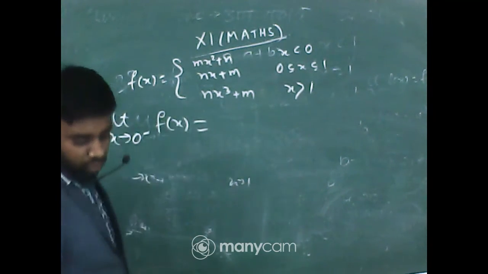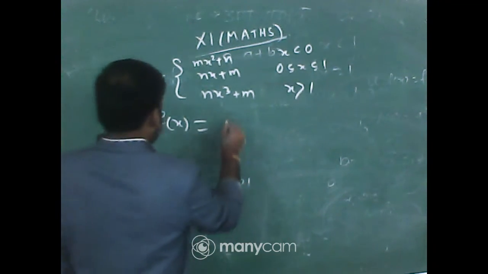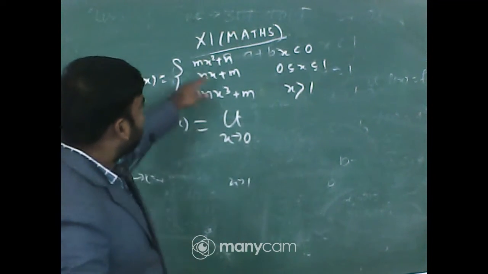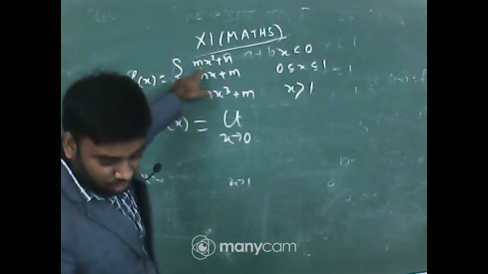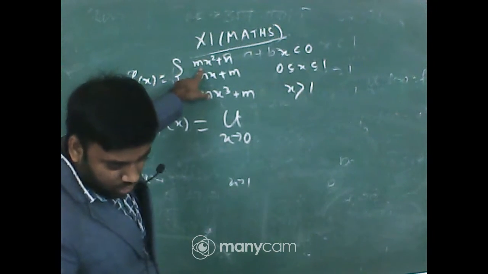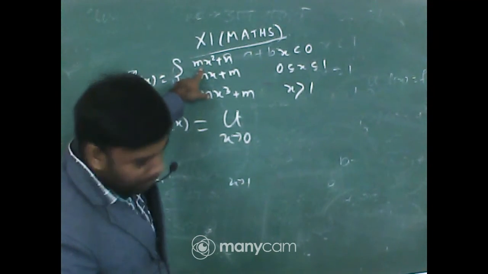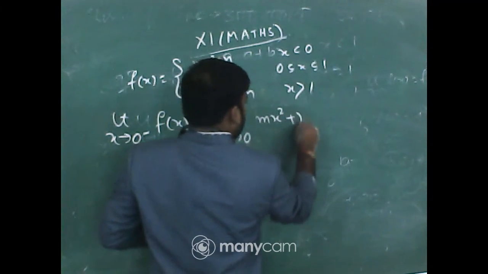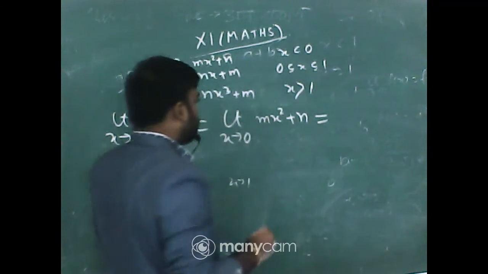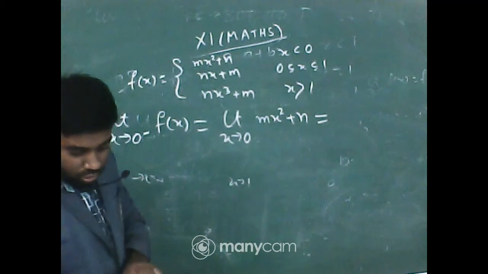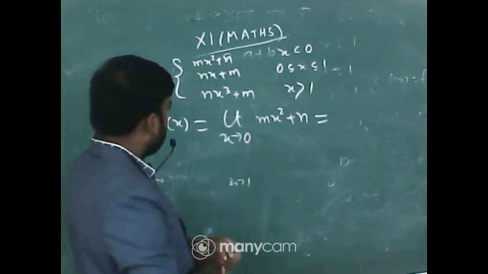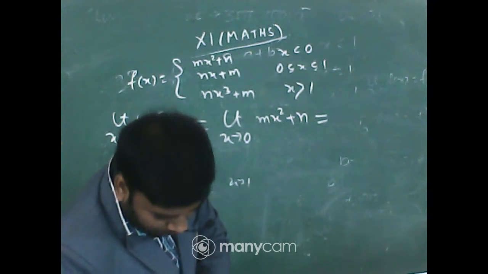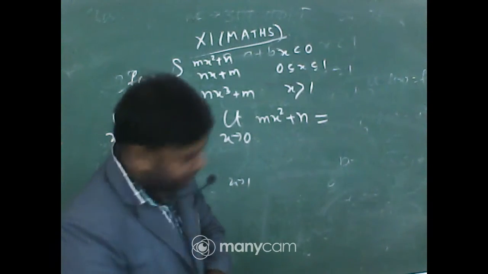Which function will you choose? 0 minus means less than 0, so that function only, mx square plus n. Put the value x equal to 0, so you will get n.